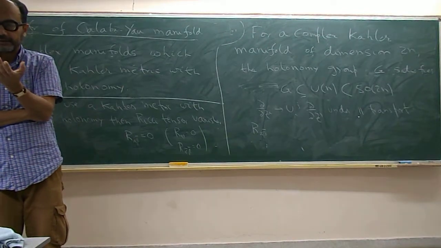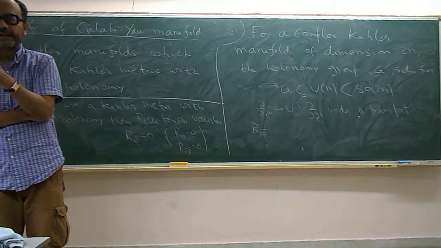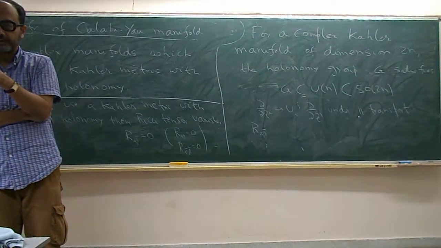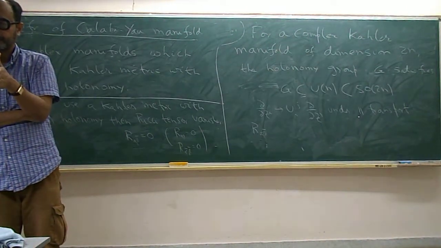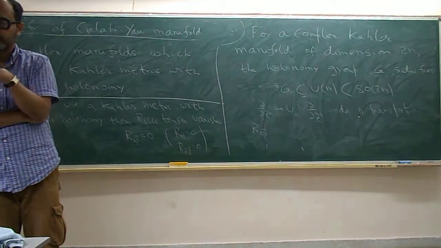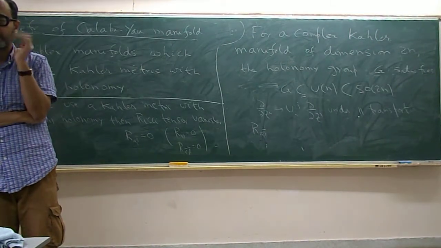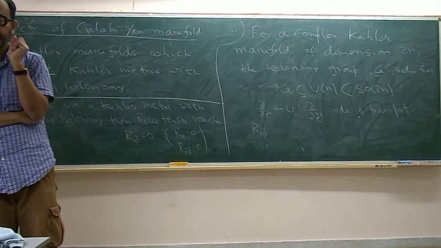In fact, for 4 dimensions, you have basically 2 distinct Calabi-Yau manifolds. One is T4, the other one is what is called K3. In 6 dimensions, you have an infinite class. Well, you have many, and I think you can probably construct an infinite number of Calabi-Yau manifolds.